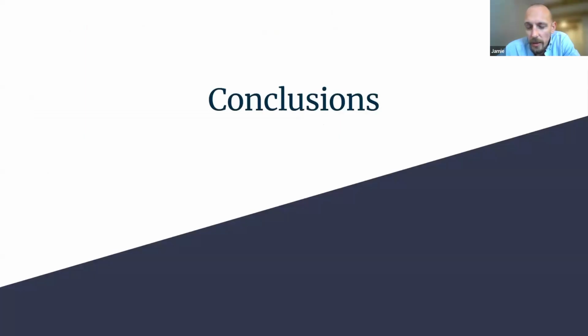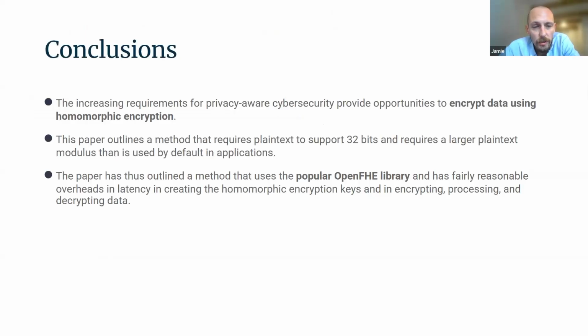So yeah, I think I'm close to on time, so I'll just kick off with some conclusions. The conclusions here are that there is an increasing requirement for privacy-aware cybersecurity in general, and being able to process data while it's encrypted is a massive win.